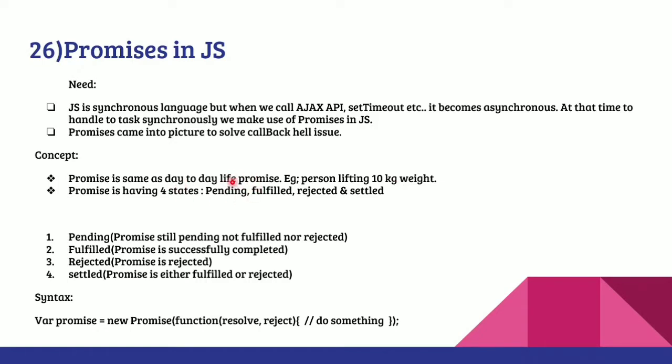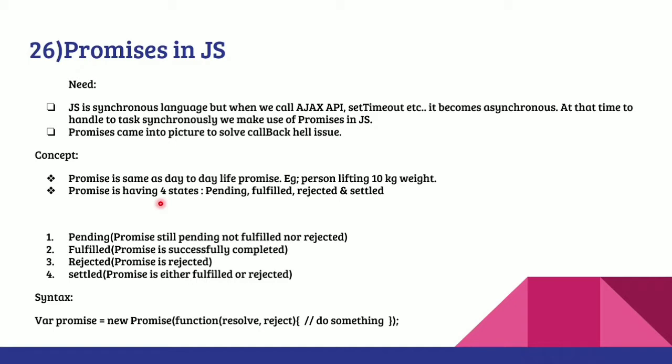Once you are able to successfully lift the weight of 10 kg, the promise is in the state of fulfilled. If you are not able to lift the weight of 10 kg, then the promise goes into the state of rejected. If a promise is either fulfilled or rejected, we say that the promise is settled. So in this way, promises have four states.